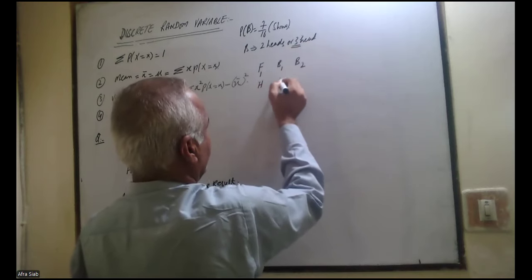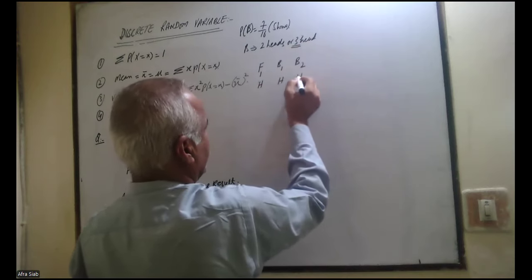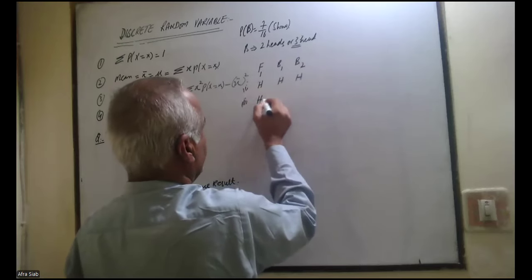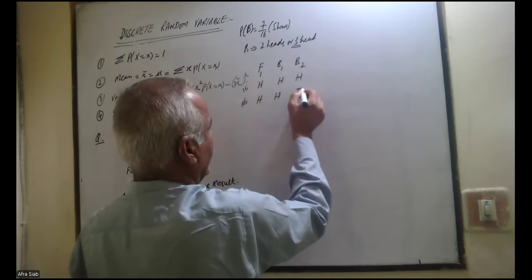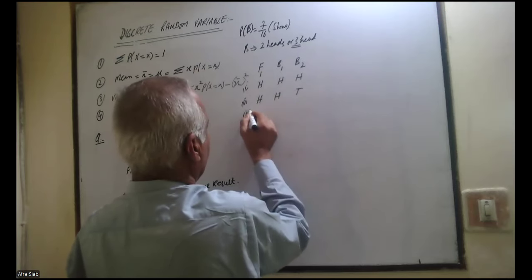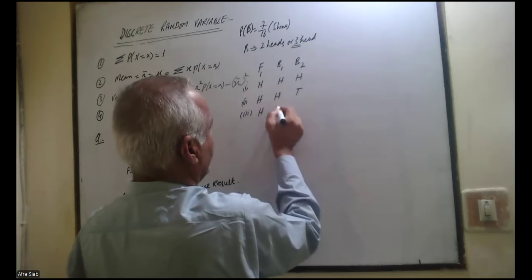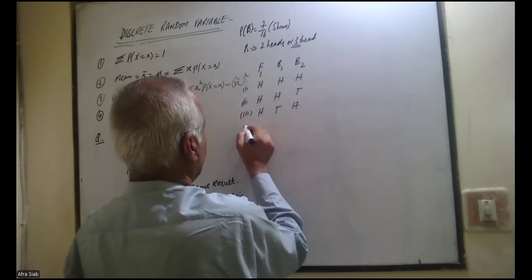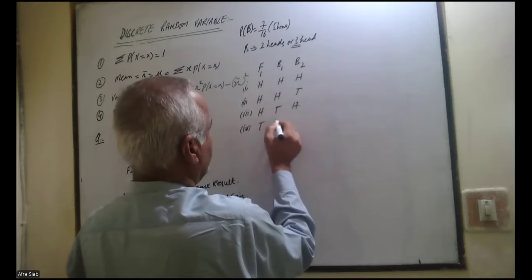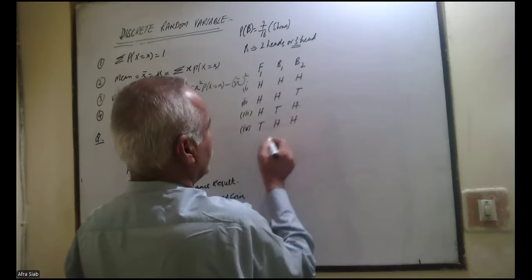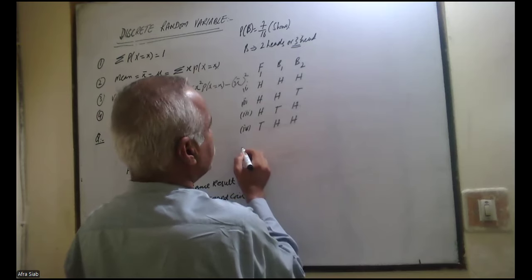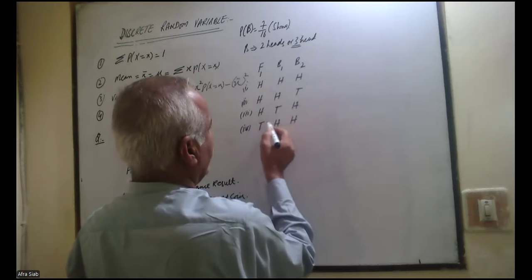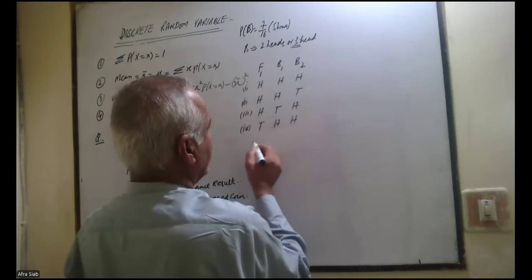Then it should be head, head, head. This is possibility one. Possibility two, there are two heads and one tail. So two heads can be like this. It can also be like this. Two heads and one tail, two heads and one tail, two heads and one tail here.